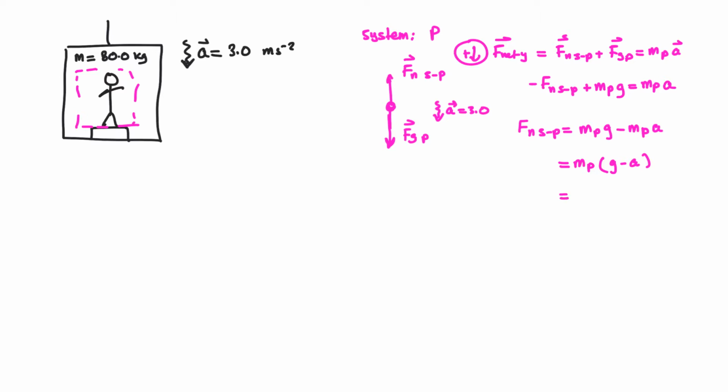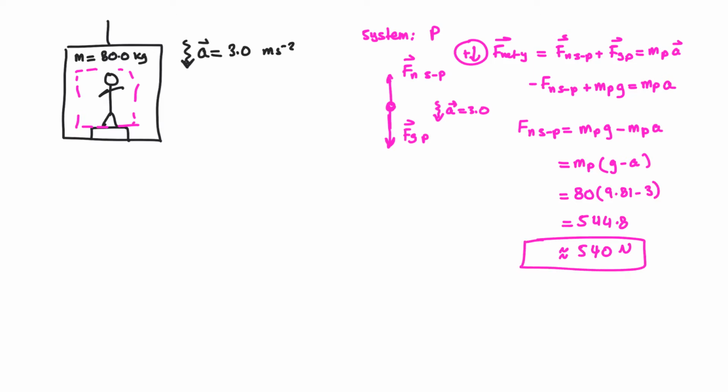Okay, mass of the person in this case is 80, gravitational acceleration 9.81, acceleration 3. I'm going to plug all of that into my calculator, and I will get 80 times (9.81 minus 3), and I will get 544.8, which is approximately 540 newtons.